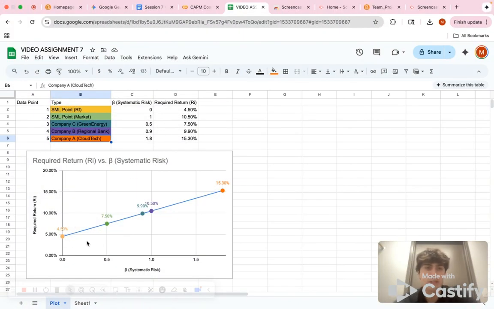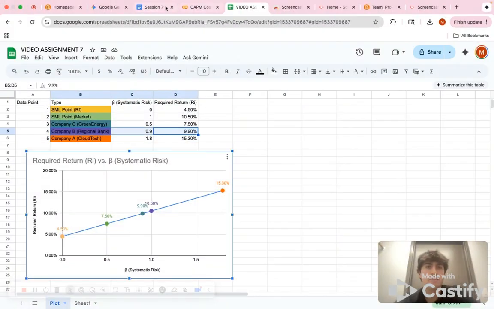I put them all in here and made this graph, and we have our bolded points at 4.5 and a beta of 0 for our risk-free. Then I have 7.5 and 0.5 beta for our Company C, and then 9.9, as you can see right here.